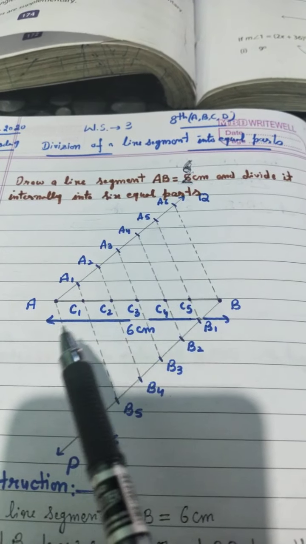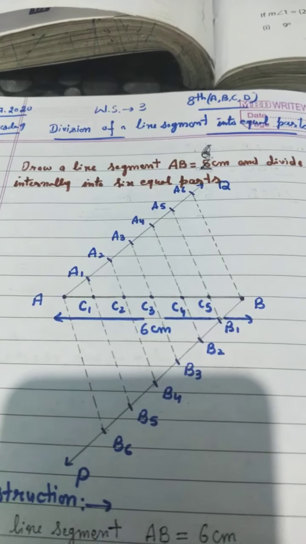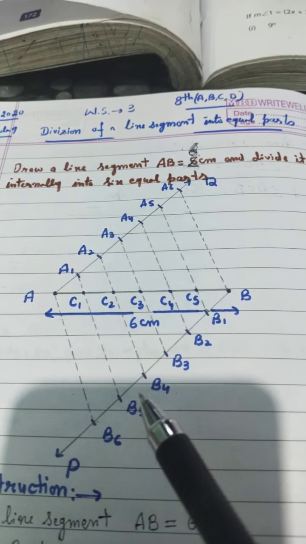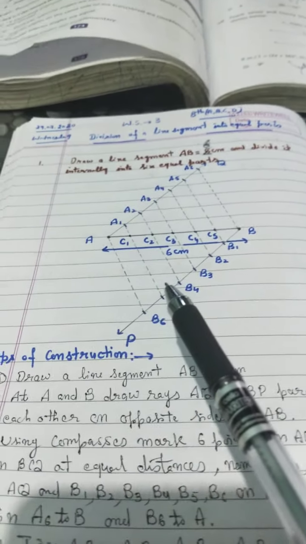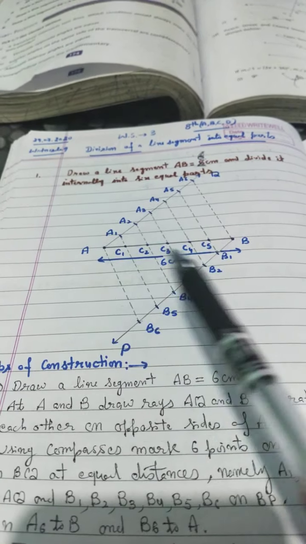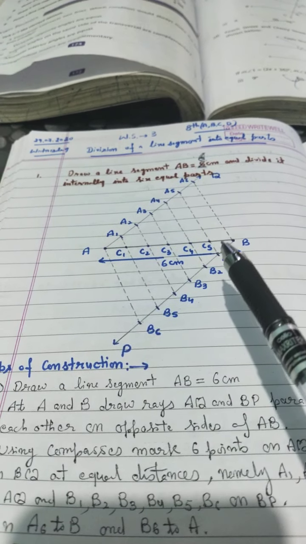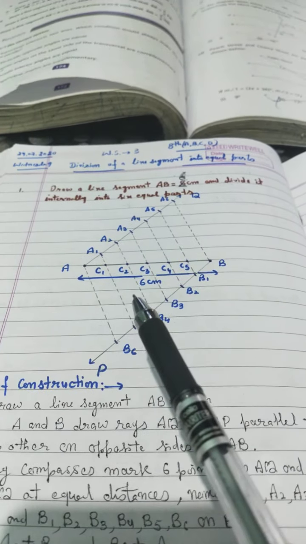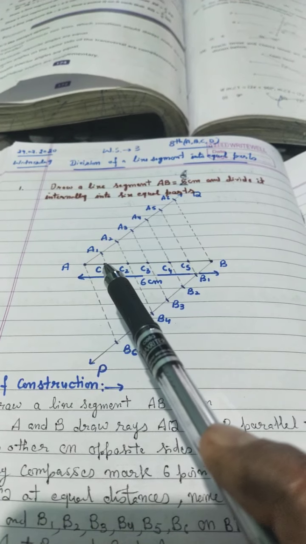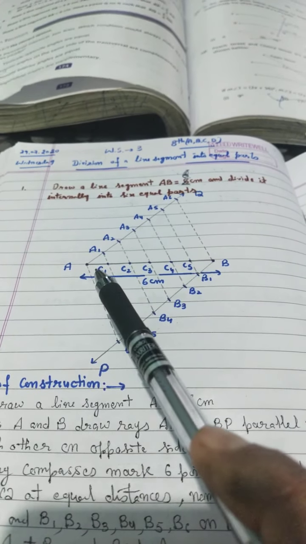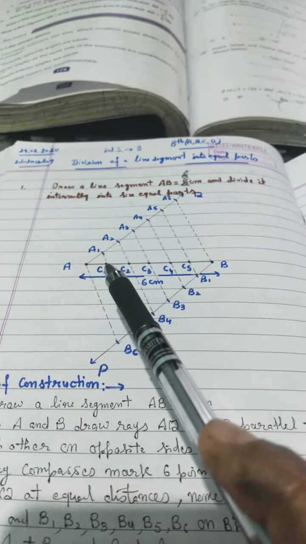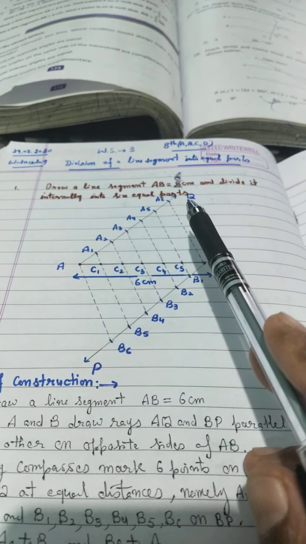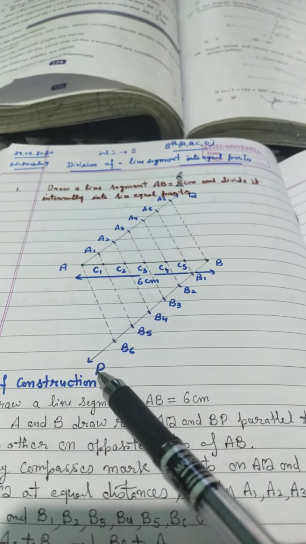So first draw a line segment AB equal to 6 centimeter with the help of ruler. Second, at A and B, with the help of protractor, make alternate interior angles at A and B. If alternate interior angles are equal, then the ray AQ will be parallel to BP.